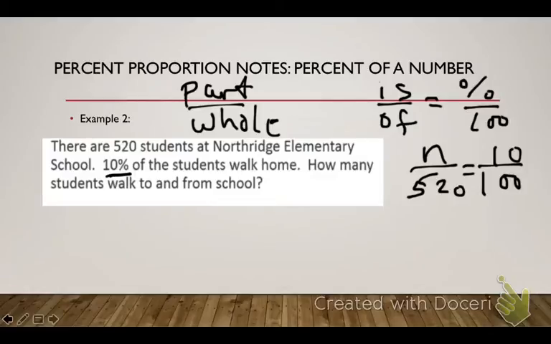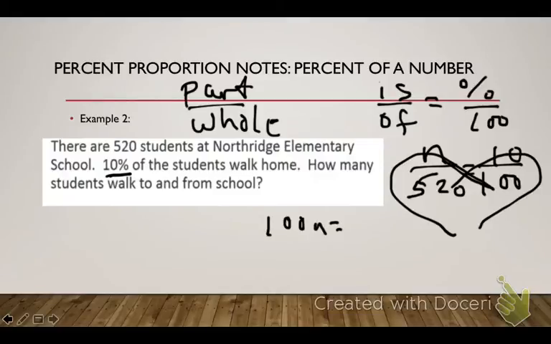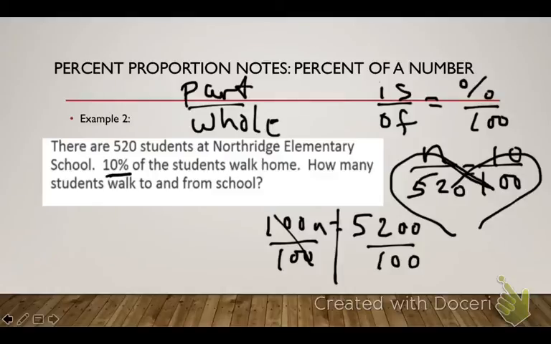So here we go. Again, we're going to do the same process. Same process, okay? So we got 100n equals 520 times 10, which is 5,200. I'm going to divide both sides by 100. And I will get n equals, let's see, 52.